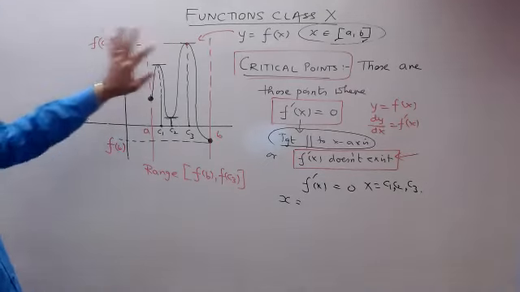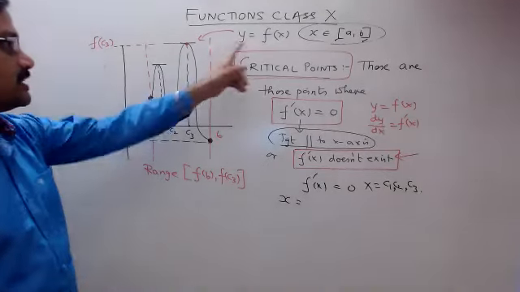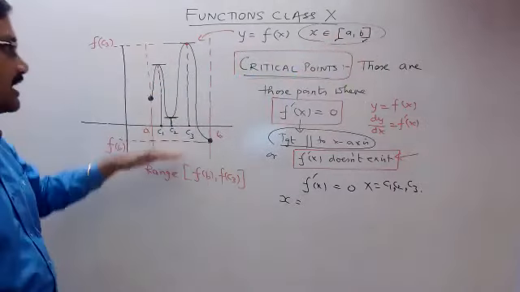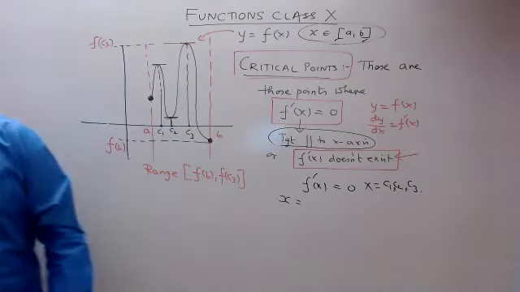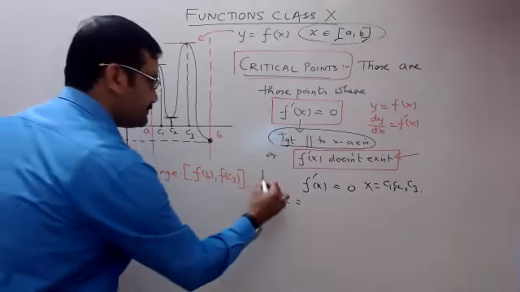We are going for range of function in square bracket A comma B, same continuation of the last class. This extra graph you make, critical points you define, and then here you can write this.